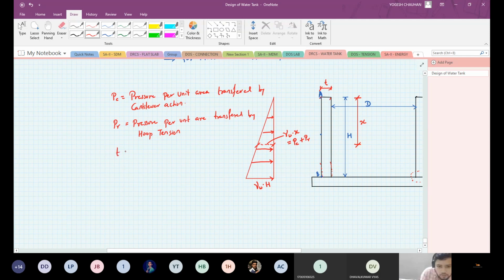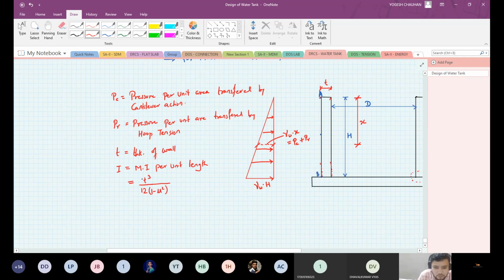Now let t be the thickness of the wall, and I be the moment of inertia per unit length, and this can be taken as t cube by 12 into (1 minus mu square).